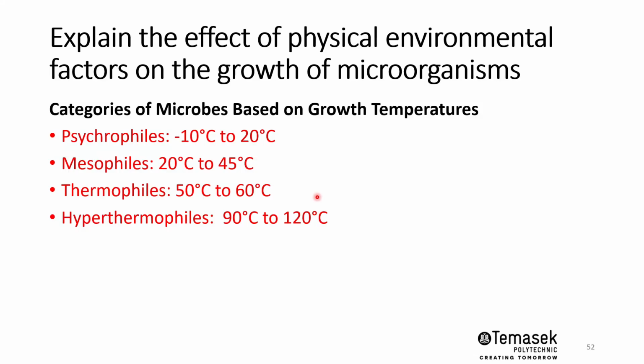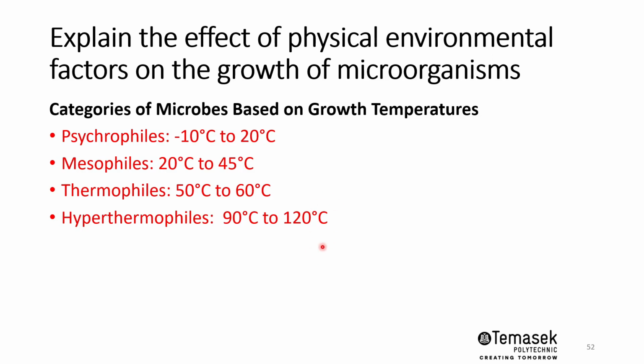Finally, you have the hyperthermophiles, which are extremely heat-loving microorganisms that grow optimally between 90 degrees Celsius and 120 degrees Celsius, and often they are found in volcanic environments or even in the hydrothermal vents in some of the deep sea.